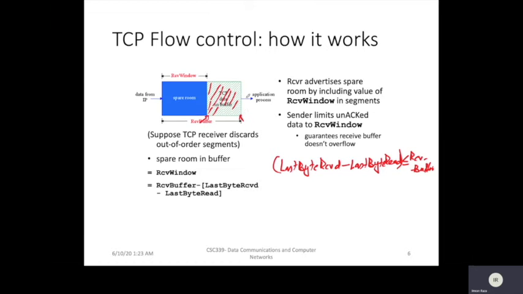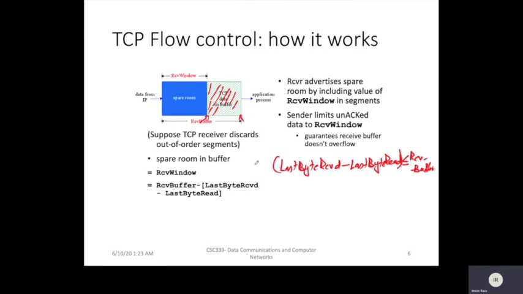So if I take the last byte received and the last byte read by the application, this will give me the TCP data that is placed in the buffer at the moment, and this has to be less than the receiver buffer, the total space at the receiver side.